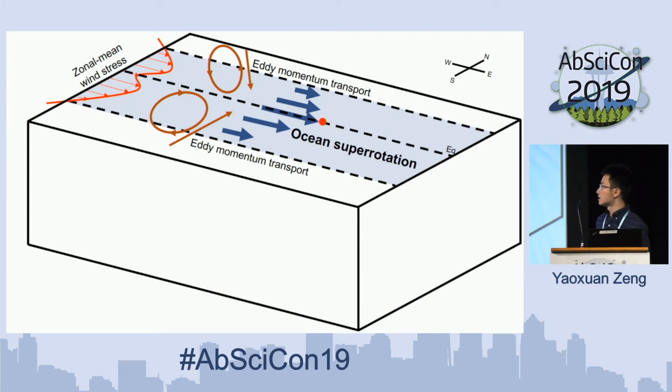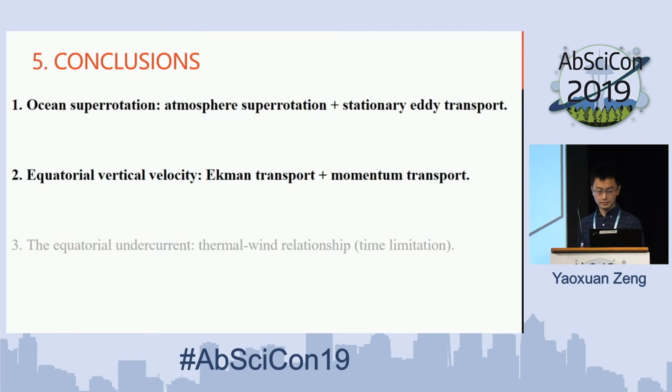With this wind stress and momentum transport, we get the vertical motion of the ocean near the equator to be a downwelling area on the west side and an upwelling area on the east side. And this not only occurs in this experiment, it actually occurs in different experiment conditions for the tidally locked aqua-planets, so it is more widely applicable.